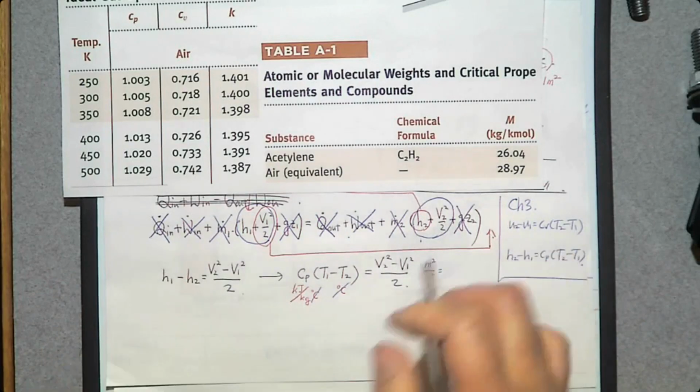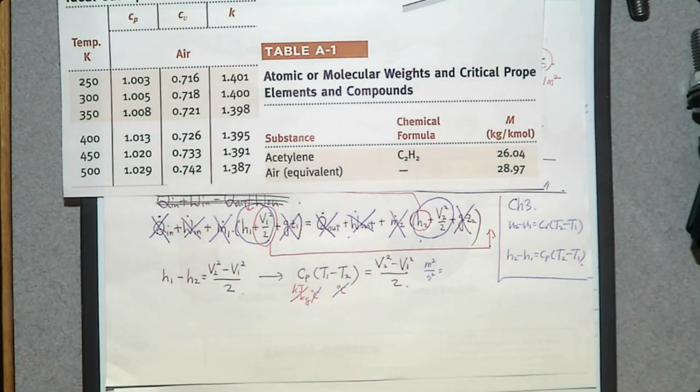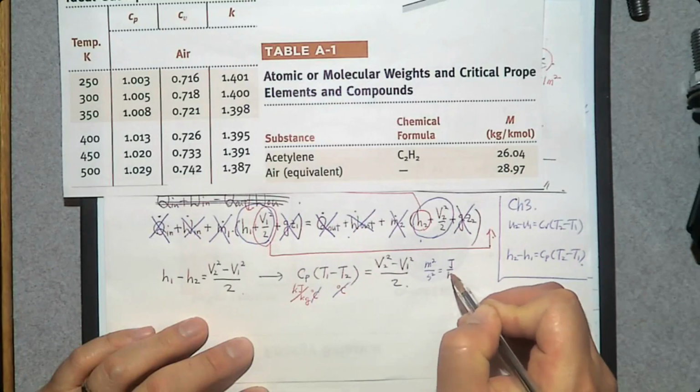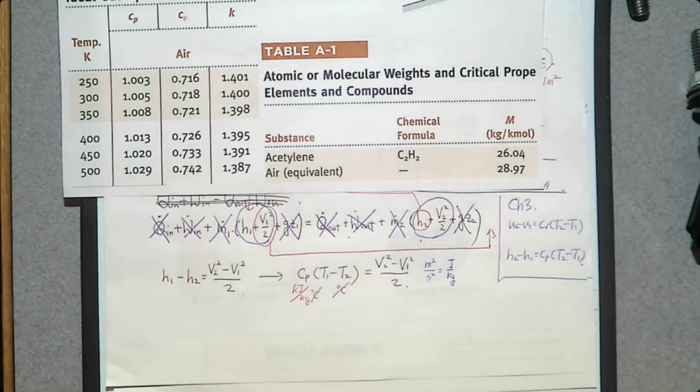Oh wait, we studied dimensional homogeneity in chapter 1 and we learned that meter square per second square is the same as joule per kilogram. You may remember when we studied the power generation potential and the mechanical energy per unit mass.